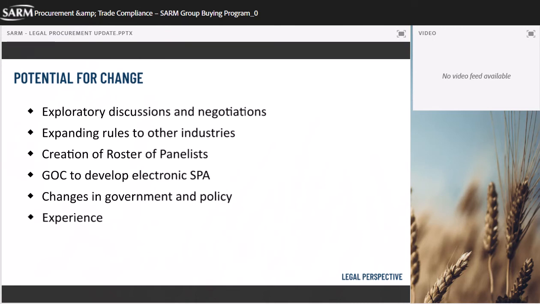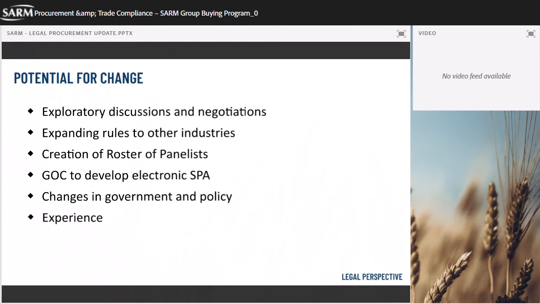Now, when I'm noting potential for change, the CFTA requires that provinces engage in exploratory discussions and negotiations that may include incorporating these rules to other industries. These discussions haven't taken place to date, but there is potential for consideration for including financial services within the rules.